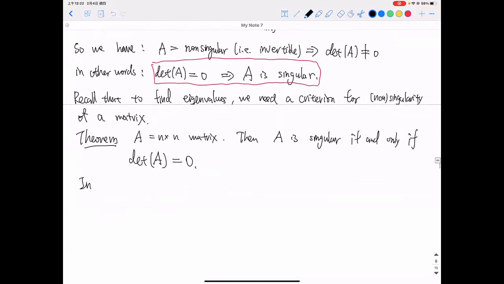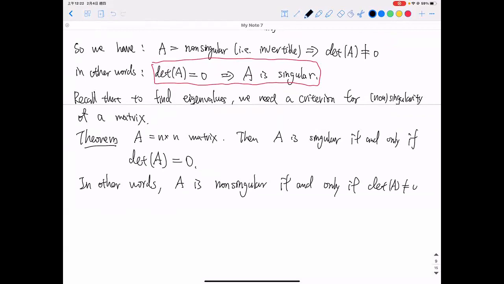In other words, A is non-singular if and only if the determinant of A is not 0. Okay, so this will be the useful criterion we look for singularity or non-singularity of a matrix.